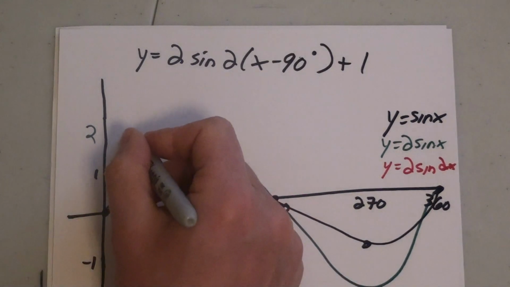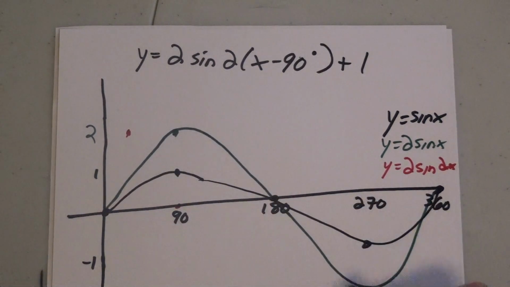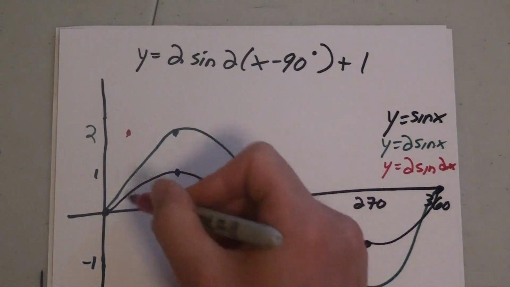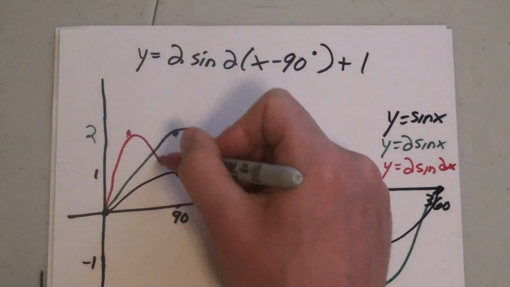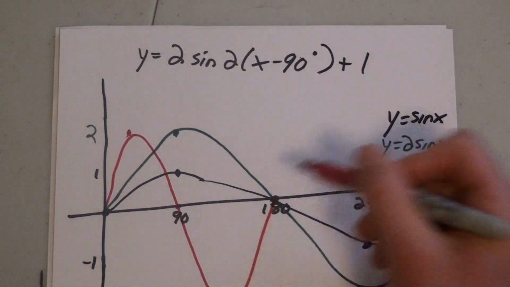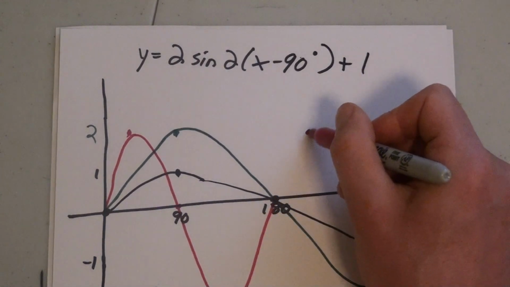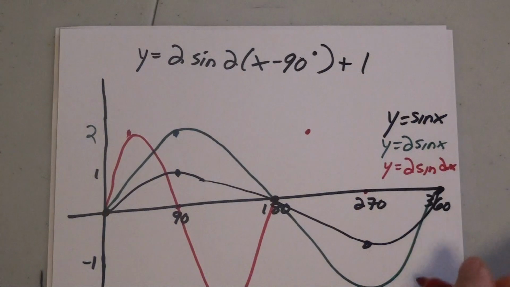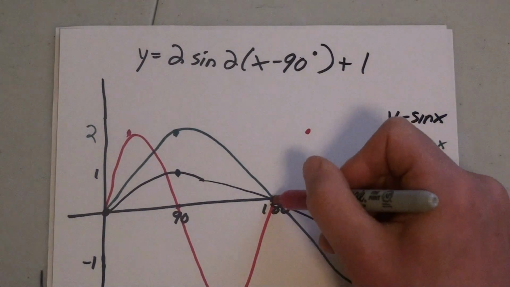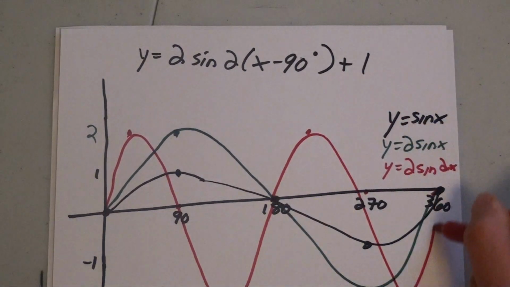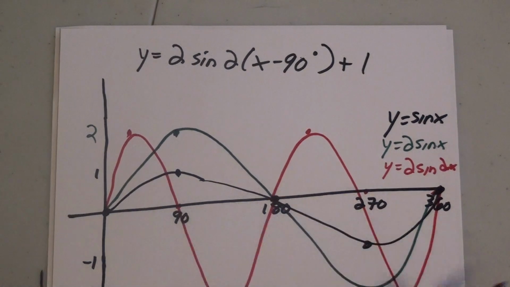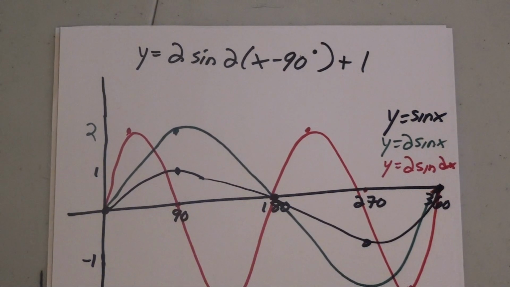What was at 90 will be at 45. Everything's going to be cut in half. And you'll have essentially twice the function. The function happens twice over the same 360 degree interval.